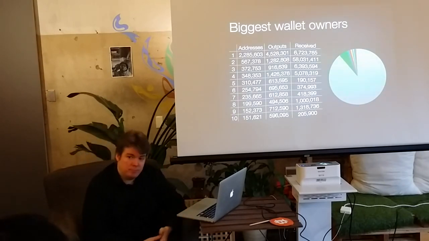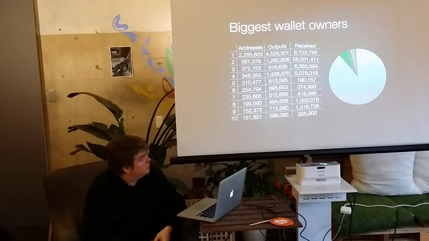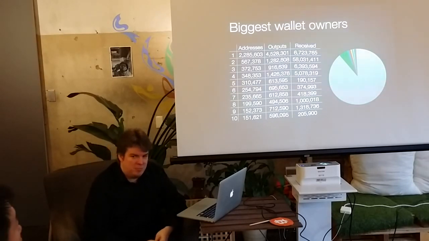I think one really interesting thing about this table is just how many bitcoins the number 2 wallet owner received. 58 million bitcoins. Obviously, that's much more than all the bitcoins that can ever possibly exist. So it shows the churn. Yeah, it shows they were sending a lot of coins.